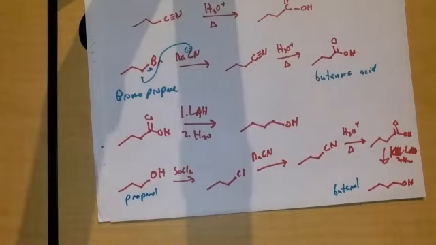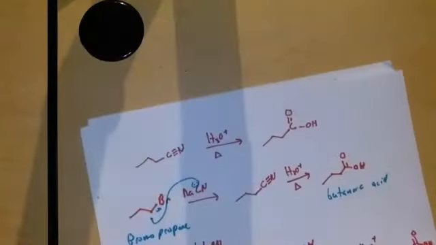All right, I'm going to spend a lot of time talking about a reaction. We're going to make an acid chloride and then we're going to use it to do a whole bunch of reactions. So let's take a look at what we're making first.